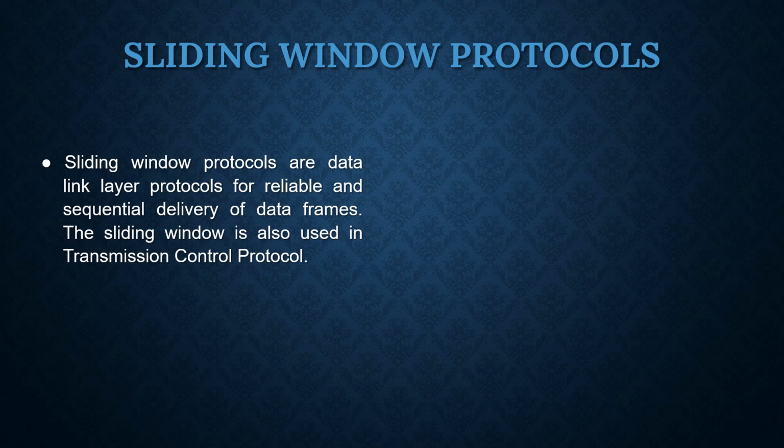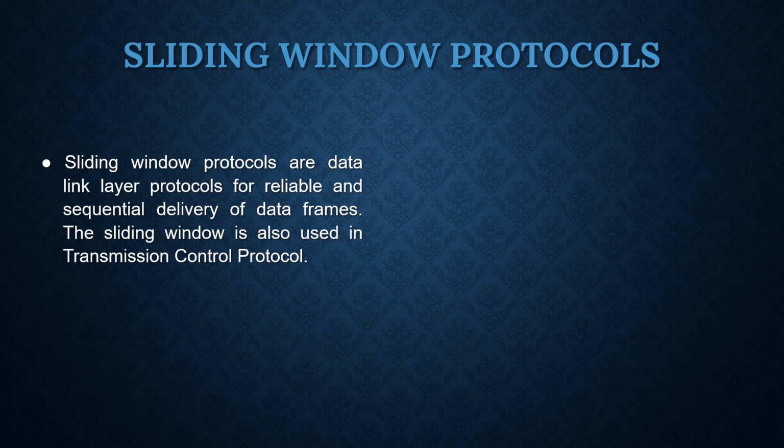Working principle. In this protocol, the sender has a buffer called the sending window and the receiver has a buffer called receiving window. The size of the sending window determines the sequence number of outbound frames. If the sequence number of the frames is an n-bit field, then the range of the sequence numbers that can be assigned is 0 to 2^n-1.